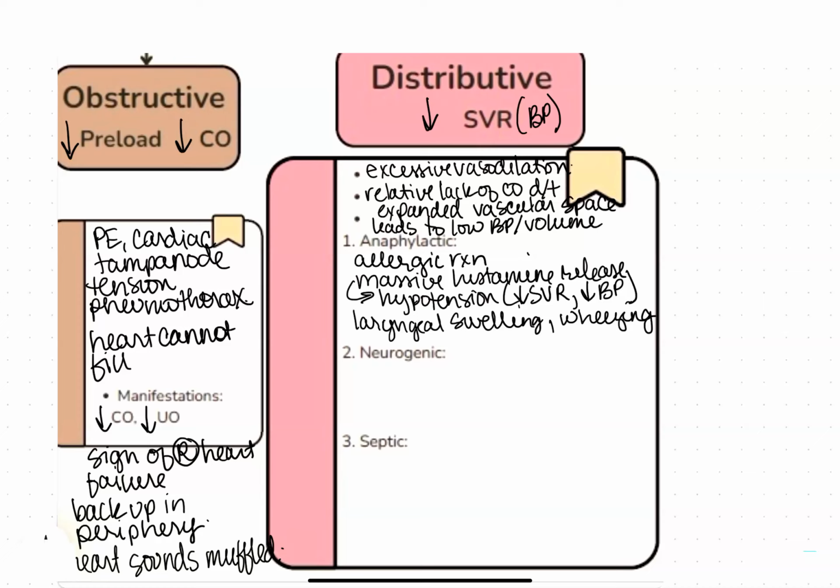Neurogenic shock is actually loss of sympathetic activation. This loss of sympathetic activation is often due to a spinal cord injury.